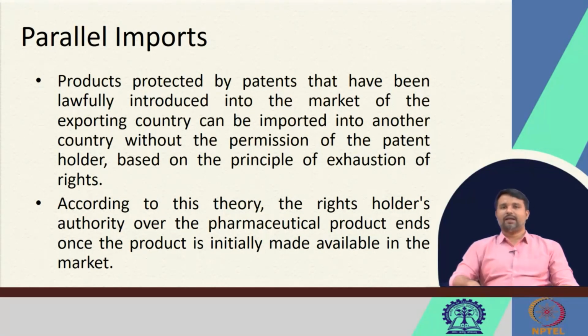According to the theory of parallel import, the right holder's authority over pharmaceutical product ends once the product is initially made available in the market. So, once the product is available in the market, then the patentee's right over that particular pharmaceutical product is over.